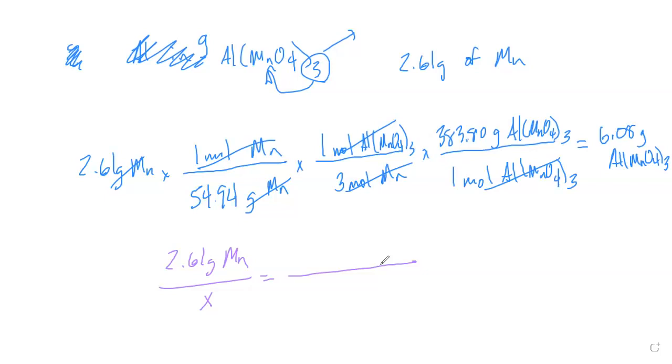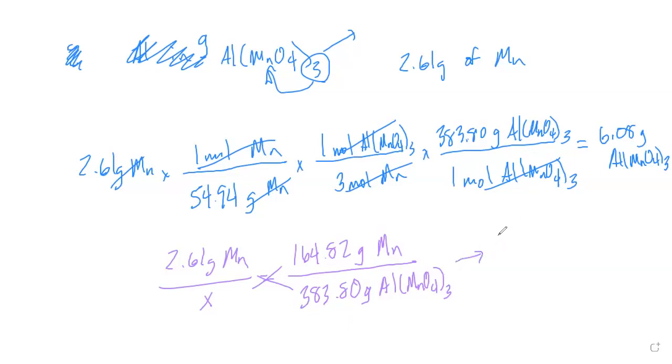Well, there's 3 manganese, so 3 times 54.94 is 164.82, over the molar mass we just calculated, 383.80 grams of the whole thing. I could solve this proportion, cross multiply, and then divide.